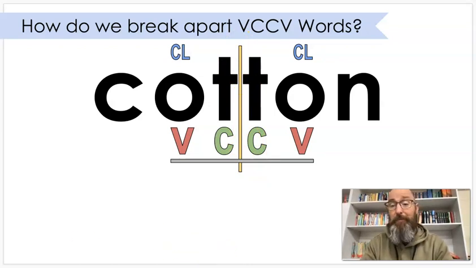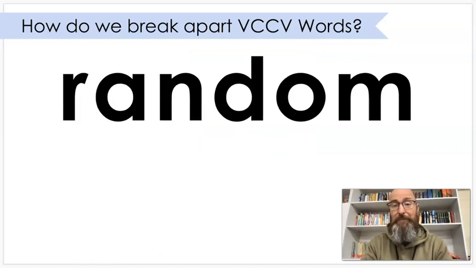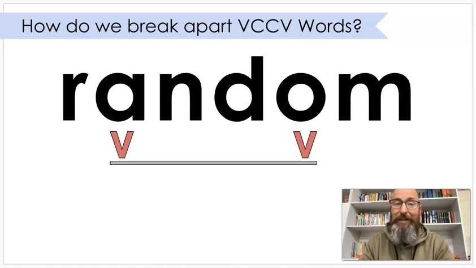All right, I have one more. Then we're going to do some silent blending after we review some sounds we've learned already. Again, what's step one? Label the vowels. And what are the vowels? The A and the O. That is correct. What do I do after I label the vowels? I build a bridge.